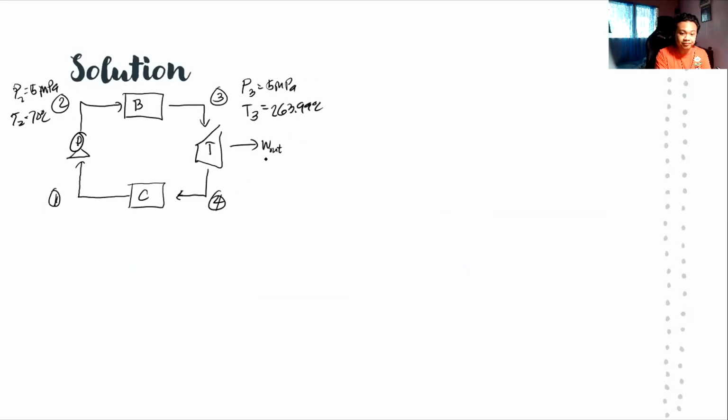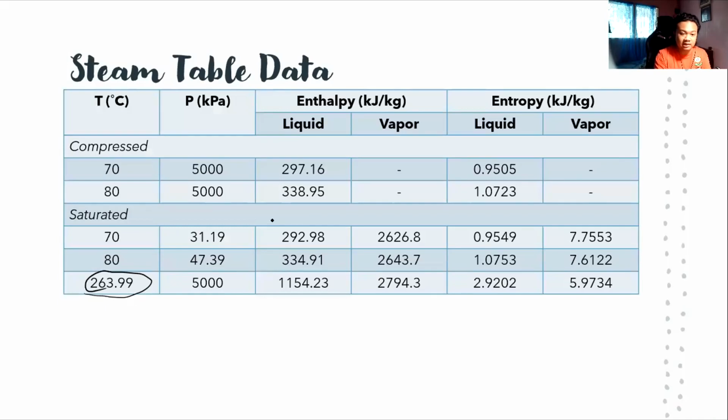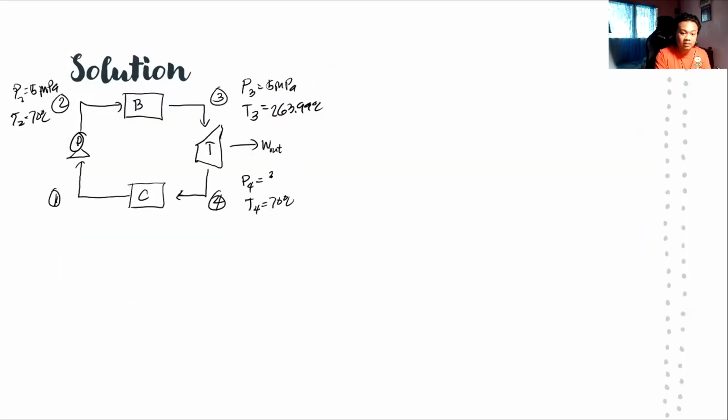And then after it has gone through the turbine, it went out as saturated vapor at 70 degrees Celsius, and its pressure is 31.19 kPa.